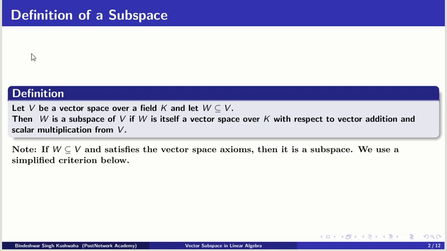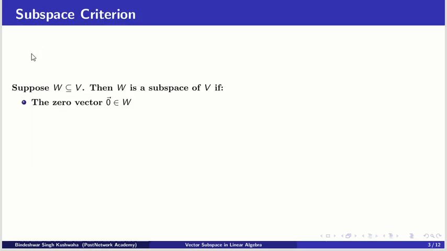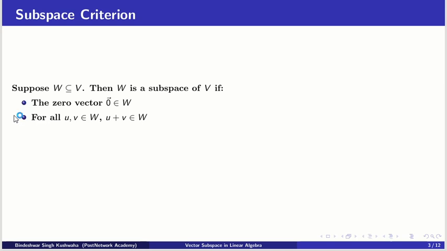Now suppose W is a subset of V. Then W is a subspace of V if the zero vector belongs to W. If there are two vectors U and V in W, then their addition must be in W. That is the closure property of addition.